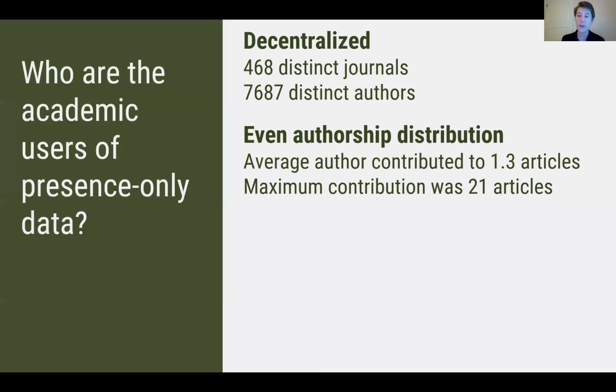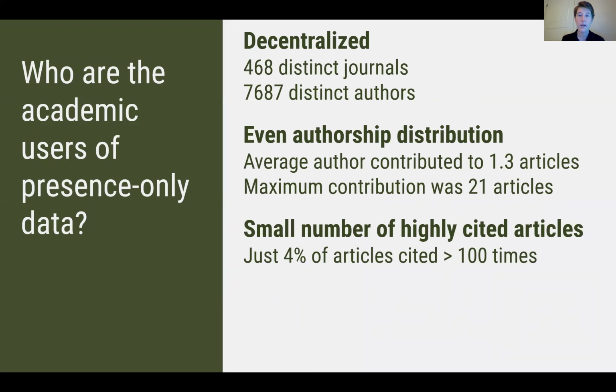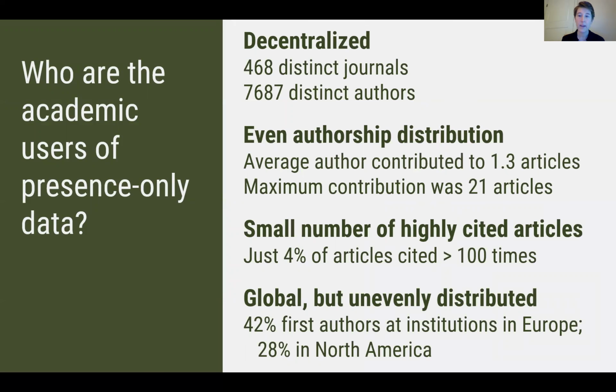Rather, they're primarily researchers who use a small amount of presence-only research as part of their broader work. There were just a small number of highly cited articles. And the authors are global in distribution, but so far centered in Europe and North America. Okay. So our results so far paint this initial picture of a broad, decentralized group of researchers, which is growing quickly.